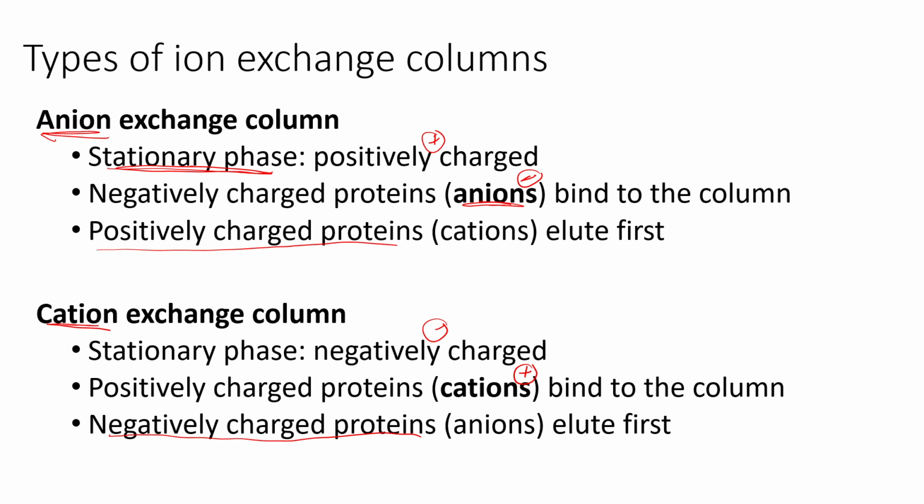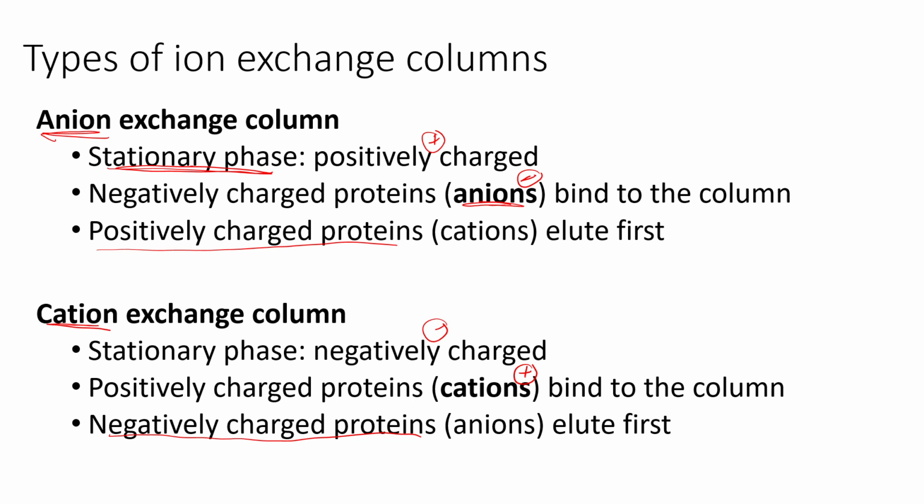If you have a pH that's above the pI of your protein, you might have a protein that is negatively charged. But it depends on the individual properties of your protein, the individual amino acid makeup and the pKs of each of those, and the overall pI of your protein.